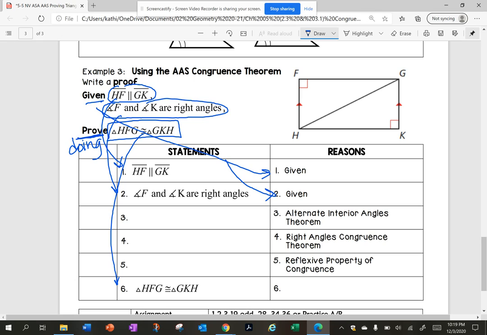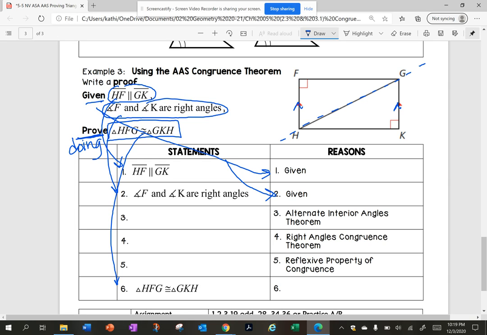Okay, so angle F and angle K are right angles. I have some parallel lines, and since I have parallel lines, here's my transversal.